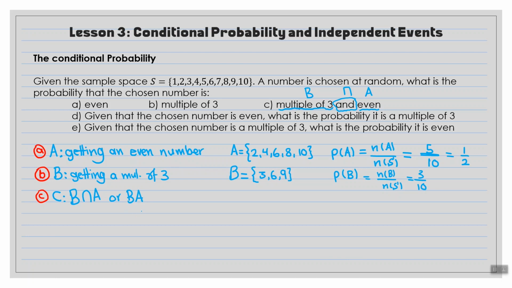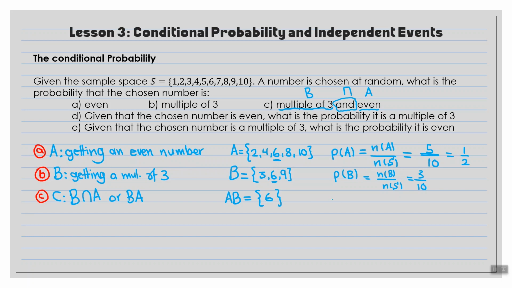Okay, now before we find the probability of BA, we should find AB or BA itself. How do we find it? We just look for the common between A and B. So what's the common between this set and this set? We will notice that there is only one number which is common, and that number is 6.